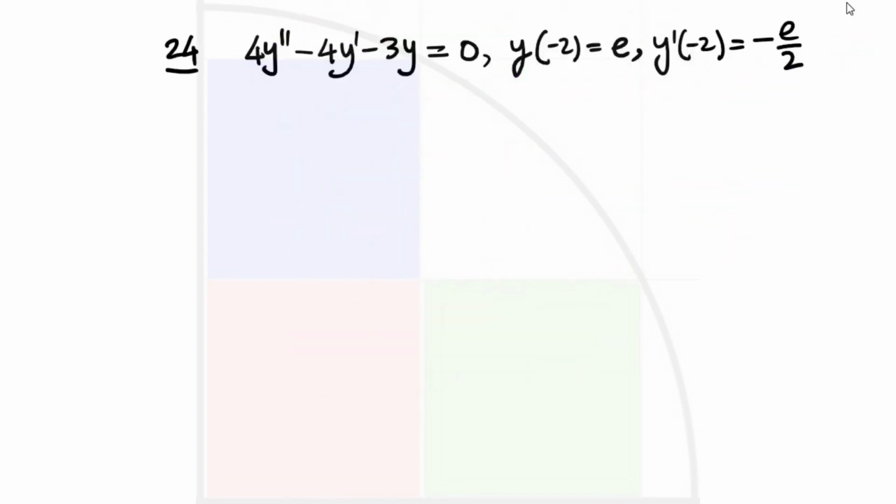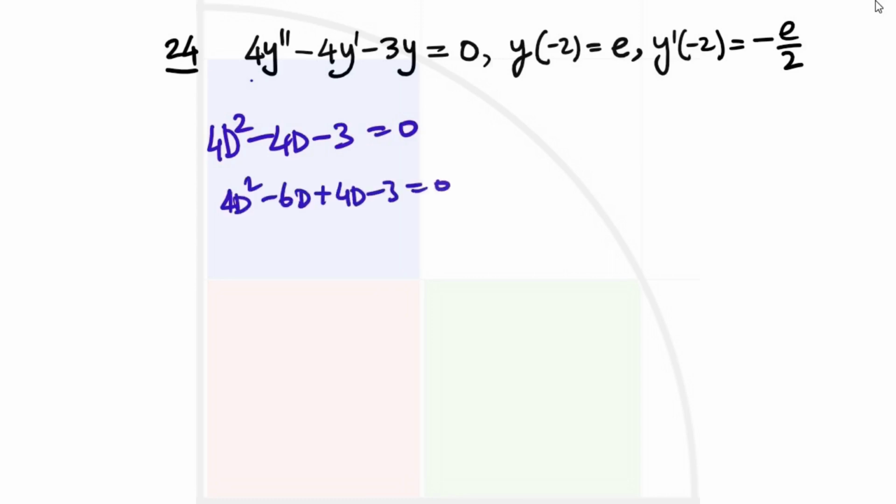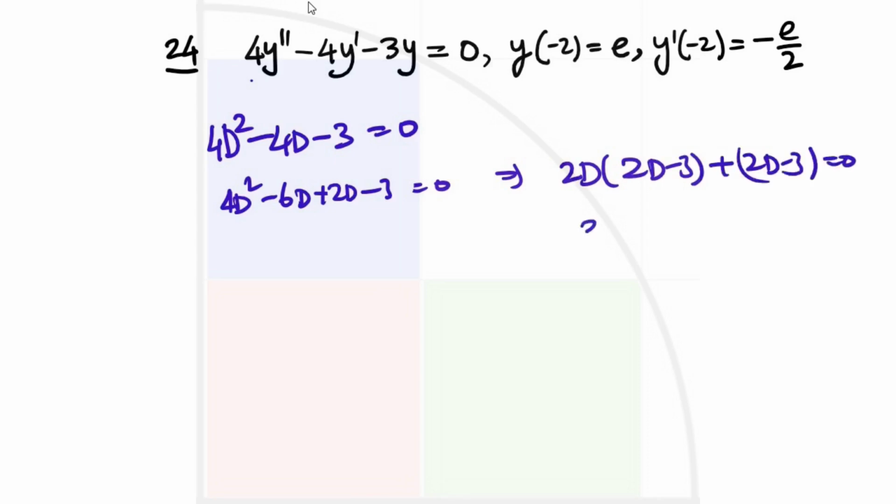Question number is 24. The auxiliary equation is 4D squared minus 4D minus 3 is equal to 0. This can be written as 4D squared minus 6D plus 2D minus 3 is equal to 0. 2D(2D minus 3) plus 1(2D minus 3) is equal to 0. So (2D plus 1)(2D minus 3) is equal to 0.